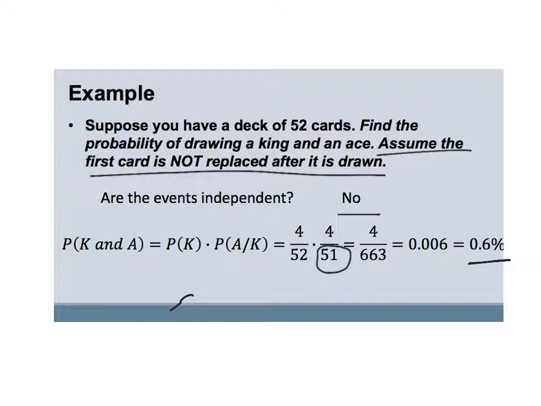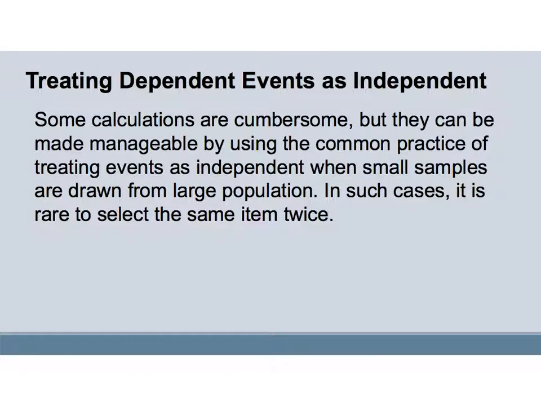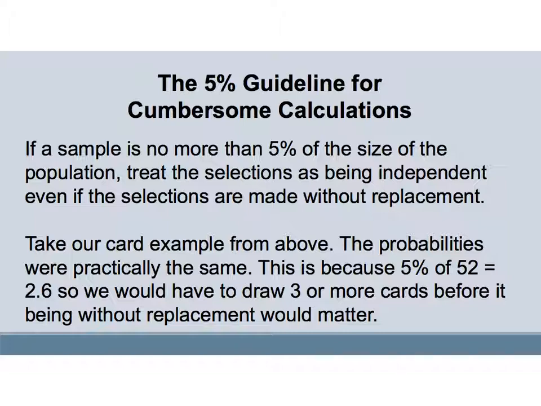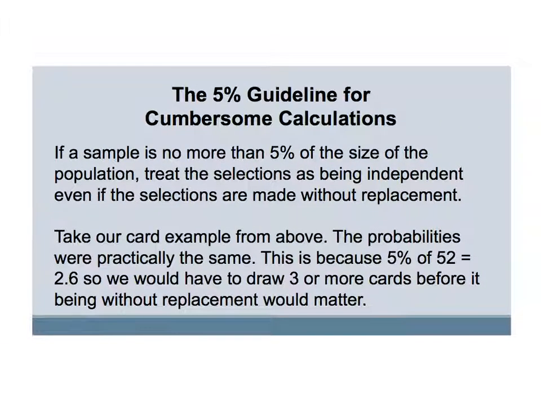The reason it didn't change very much is because I didn't draw enough cards. There's a thing called the 5% rule that says if a sample is no more than 5% of the population, then you can just treat it as independent anyway.